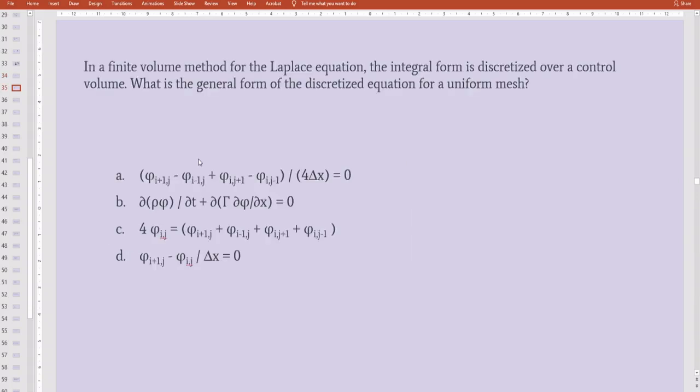In a finite volume method for the Laplace equation, the integral form is discretized over a control volume. What is the general form of the discretized equation for a uniform mesh?